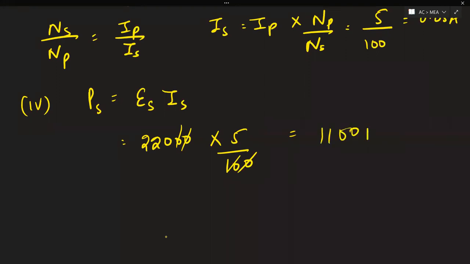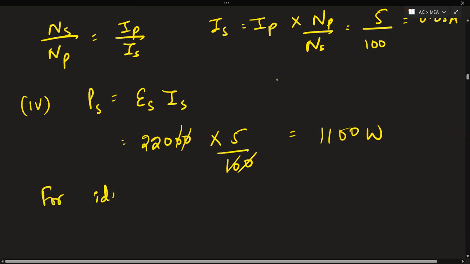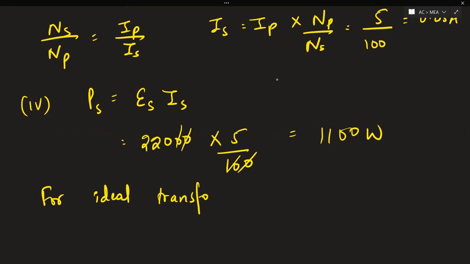Or even you can do one more thing. Power we have already obtained. 1100 watt is already good. And also remember, for an ideal transformer, efficiency is 100%, then only you'll say it's ideal.